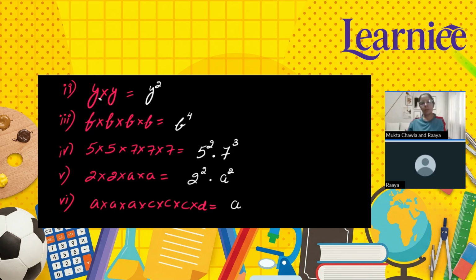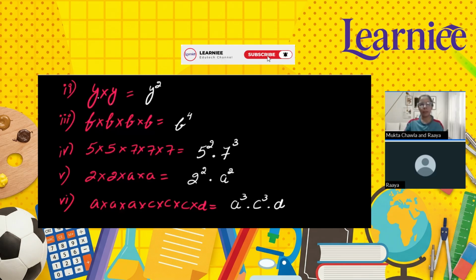But what should I write for these? a times a, a to the power of 3 into c to the power of 3 and into d. a times a times a is a cubed, c times c times c is c cubed, like this, right?